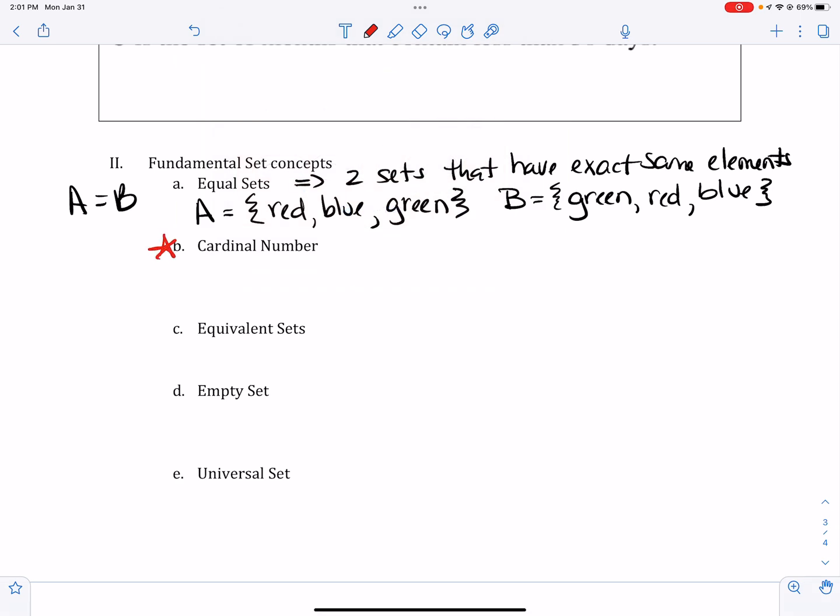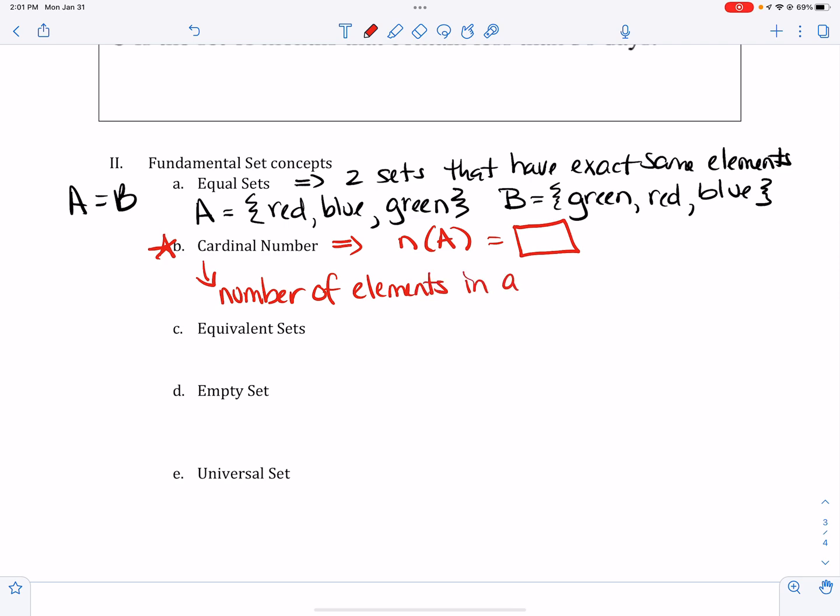Now, this is something that you want to star. Cardinal number. Cardinal number is written like this, N of, and then the set letter. Okay? They're not going to say find the cardinal number. They're going to say N of A equals, and they're going to have a box. So cardinal number means the number of elements in a given set.